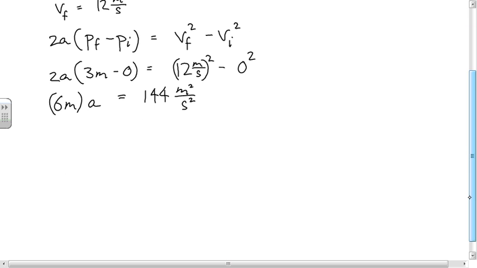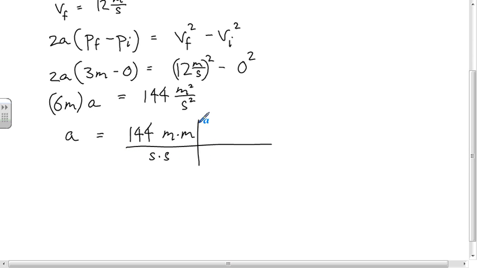And to solve for the acceleration, you want to divide both sides by 6 meters. So acceleration is equal to 144. I'm going to write it as meters times meters over seconds times seconds. And to divide by 6 meters, you multiply by the reciprocal.